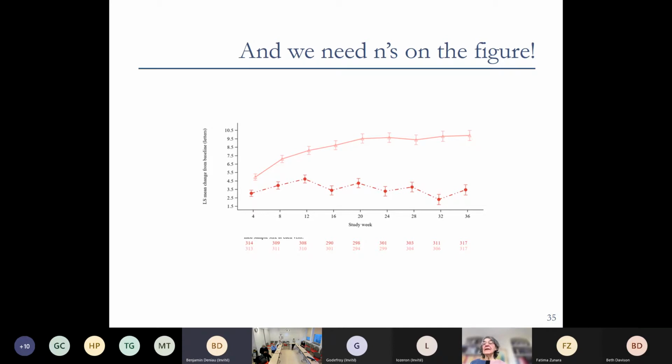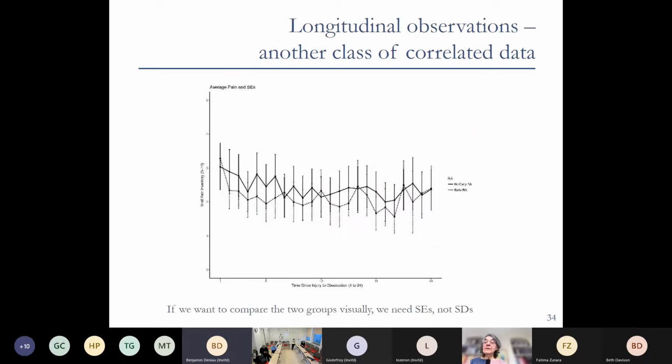Importantly, if you go back to the other slide, you'll notice at the bottom here, you don't see any sample size. So you have no idea when you look at this whether the number of people stayed the same over time. You assume they did because the standard errors seem to be similar, but there's no Ns.